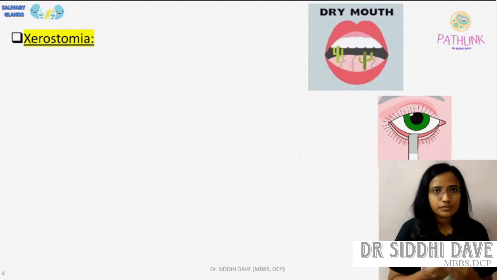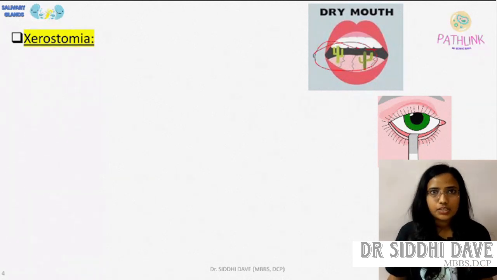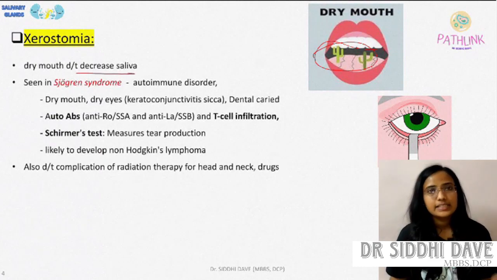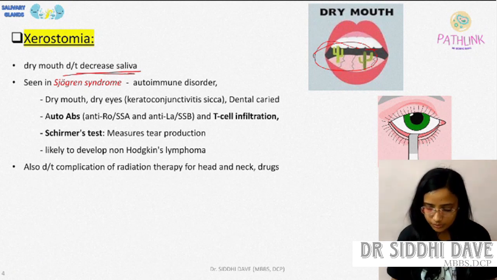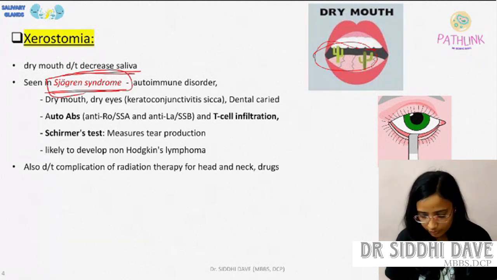Xerostomia means dry mouth. You can see the dry mouth here. Xerostomia, dry mouth due to decreased saliva, is seen in Sjogren's syndrome. Sjogren's syndrome is also important for NEET PG, and it is one of the high-yield topics of pathology. Sjogren's syndrome is an autoimmune disorder.